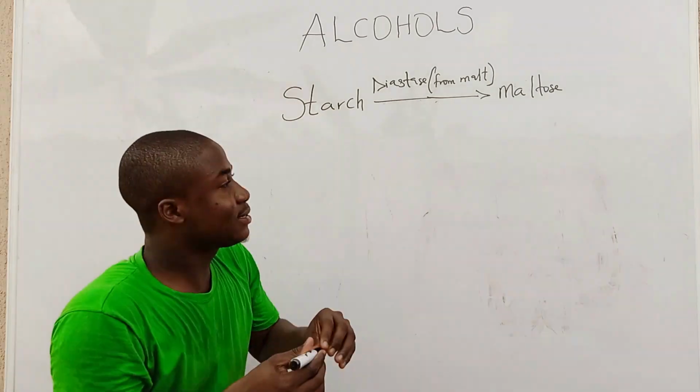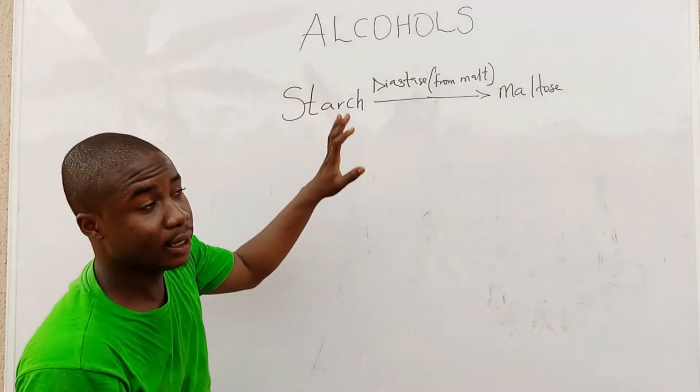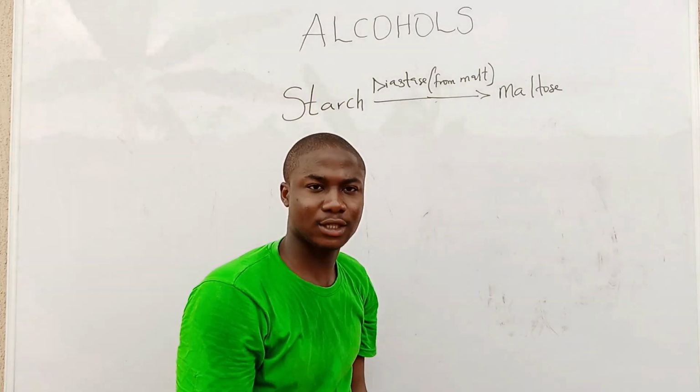Starch is a polysaccharide, maltose is a disaccharide.